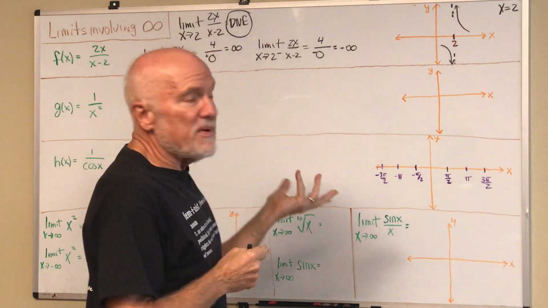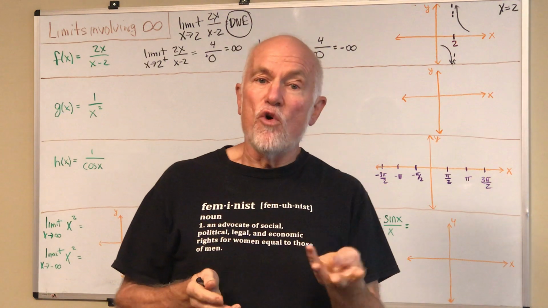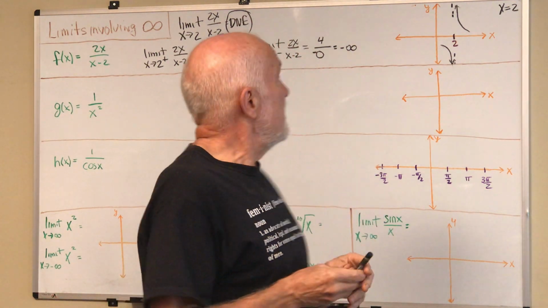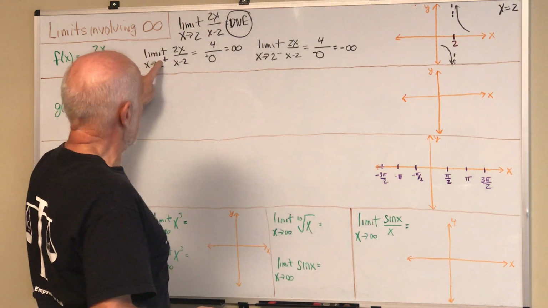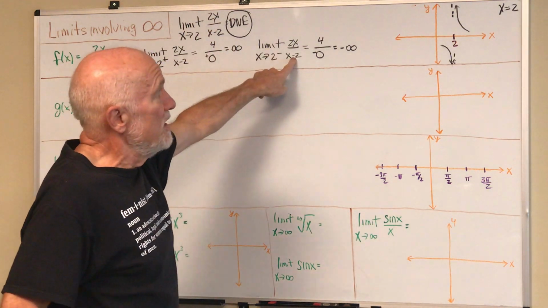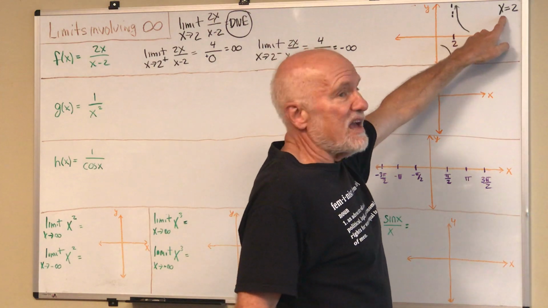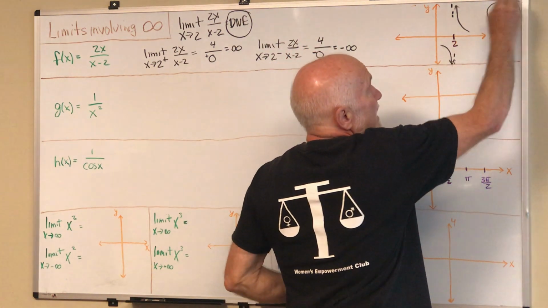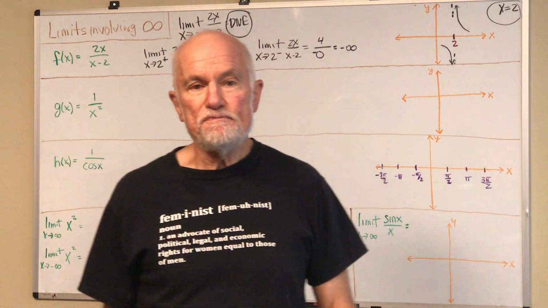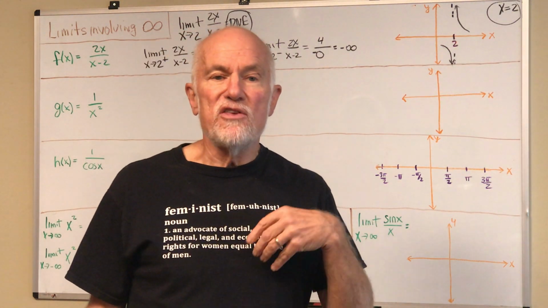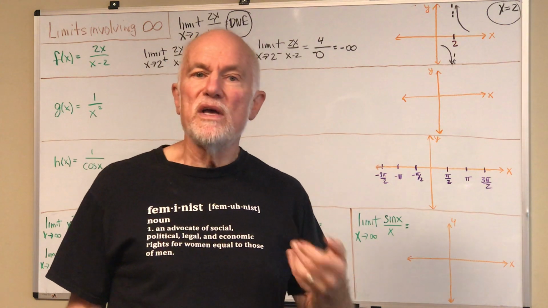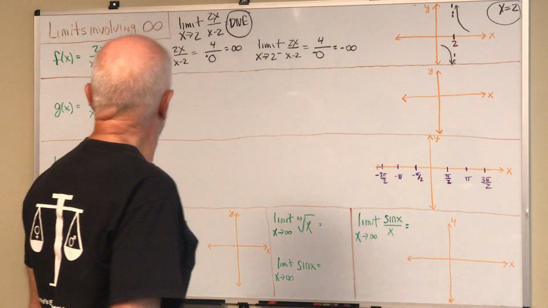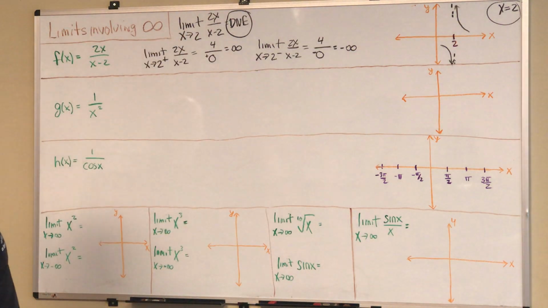Now, we spent quite a bit of time on that, but we've really answered 4 different questions they could ask you on a test. They could ask you for this limit, they could ask you for this limit, they could ask you for this limit, or they could ask you, what is the vertical asymptote? And you would just write x equals 2. Remember, an asymptote is an equation, so don't put 2 as your asymptote. Put x equals 2.